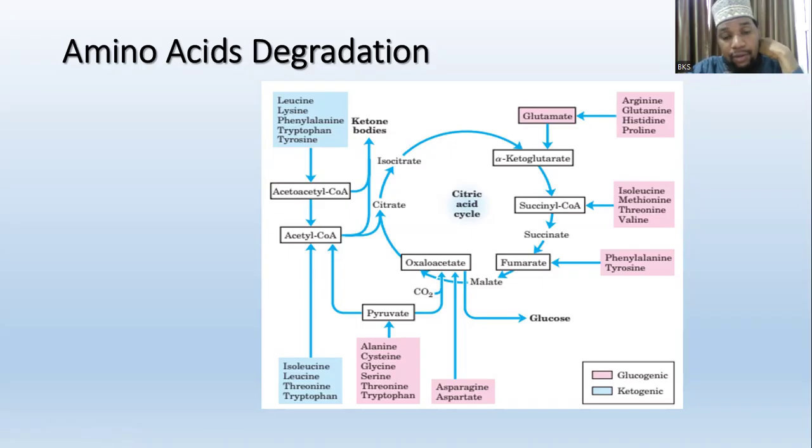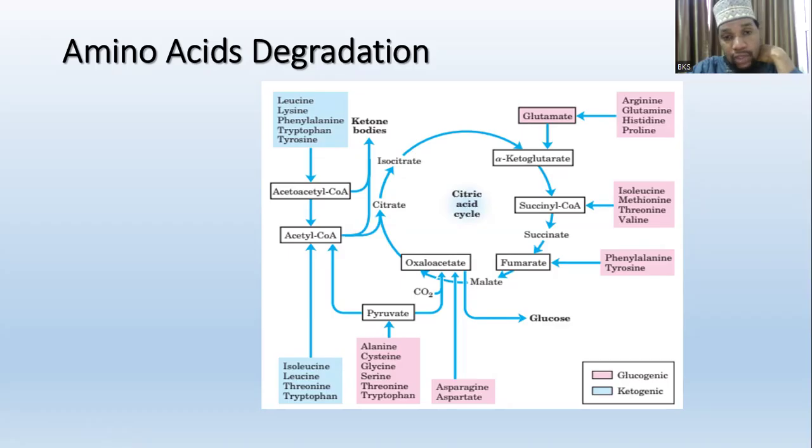One of the pathways we talked about is protein degradation. Protein degradation increases the amino acid pool. Another method is synthesis, specifically synthesis of non-essential amino acids, which causes an increase in the amino acid pool.